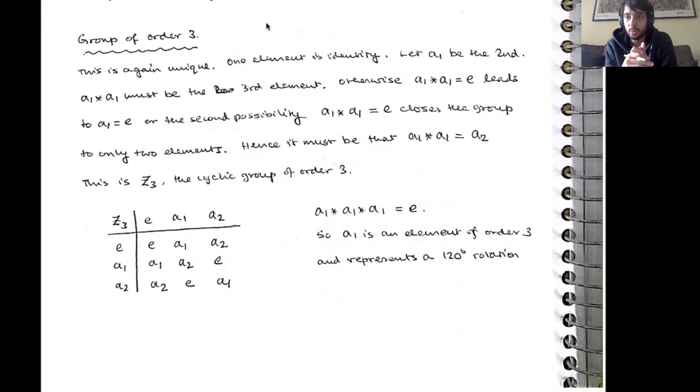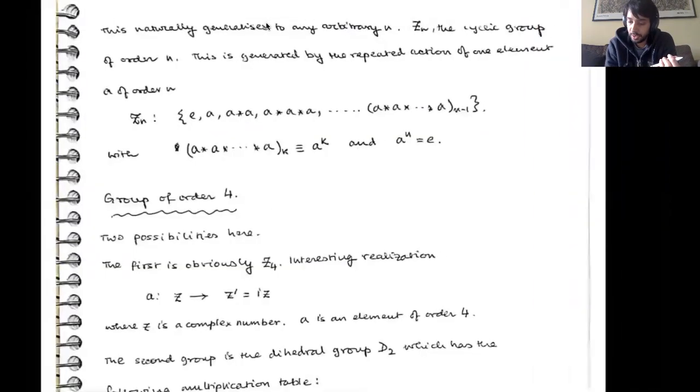Very good. This can be naturally generalized to any arbitrary n. Zn is called the cyclic group of order n, and it is generated by the repeated action of one element, A. So Zn is E, then A, then A star A, and so on.